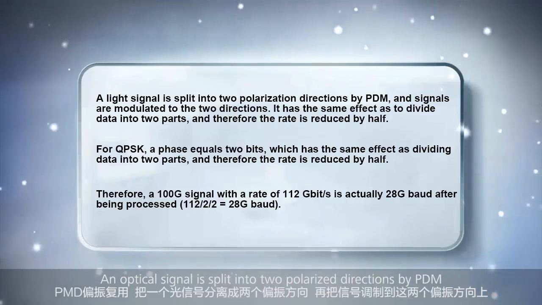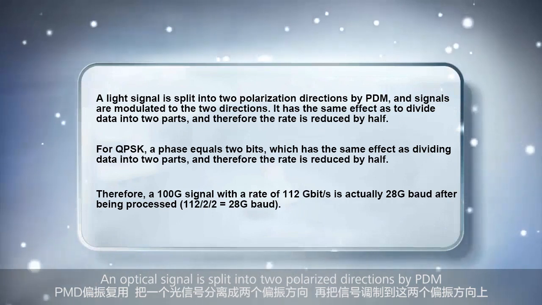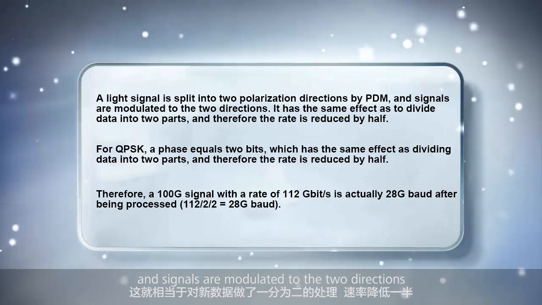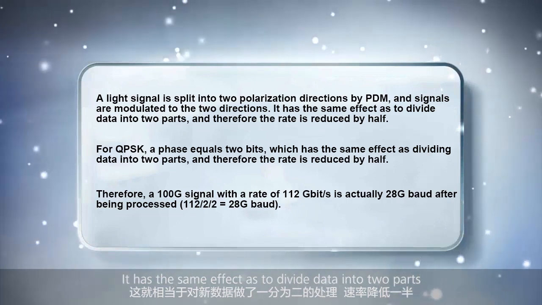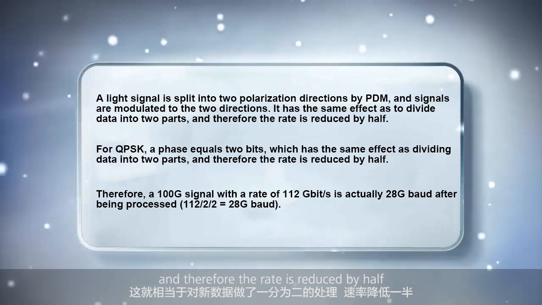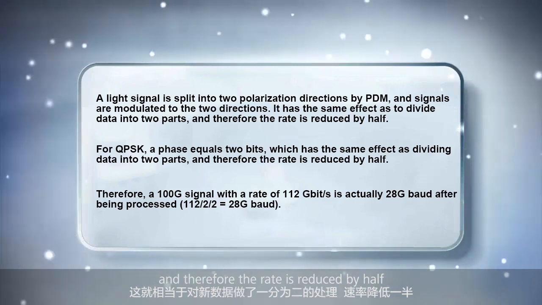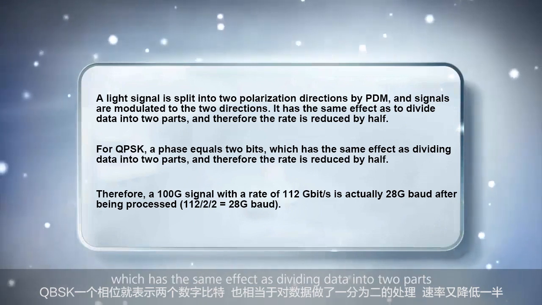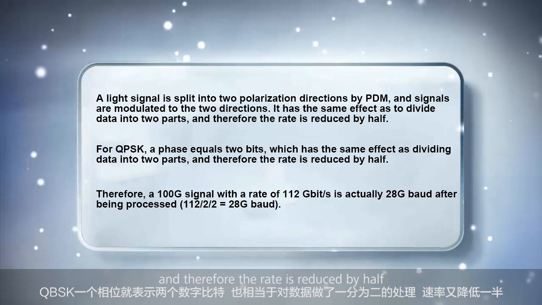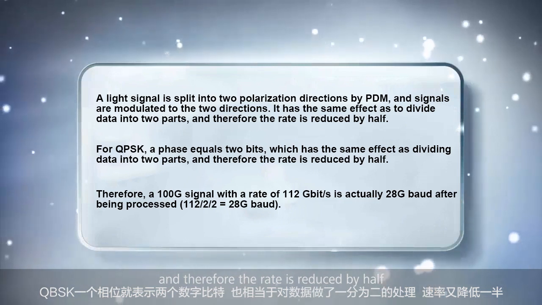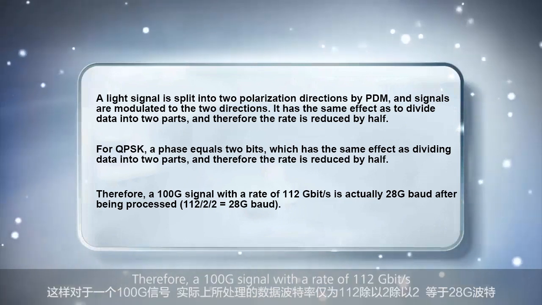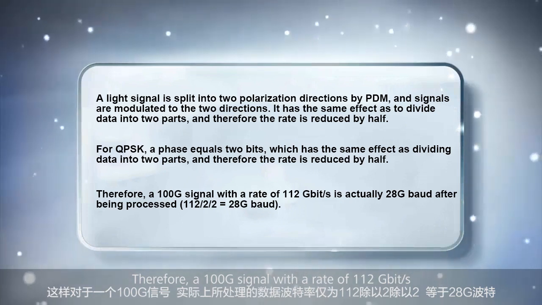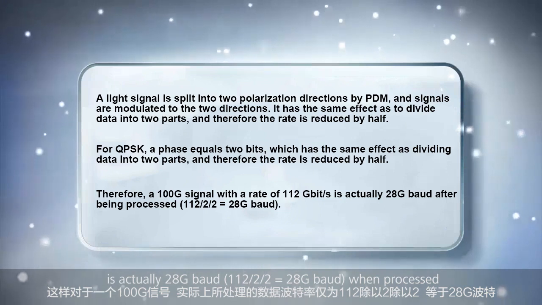An optical signal is split into two polarized directions by PDM, and signals are modulated to the two directions. It has the same effect as to divide data into two parts, and therefore the rate is reduced by half. For QPSK, a phase equals to 2 bits, which has the same effect as dividing data into two parts, and therefore the rate is reduced by half. Therefore, a 100G signal with a rate of 112 gigabits per second is actually 28G baud when processed.